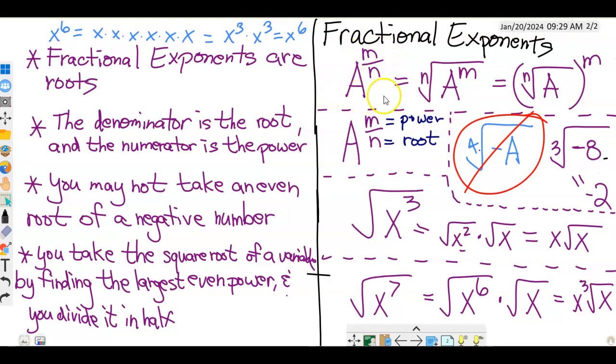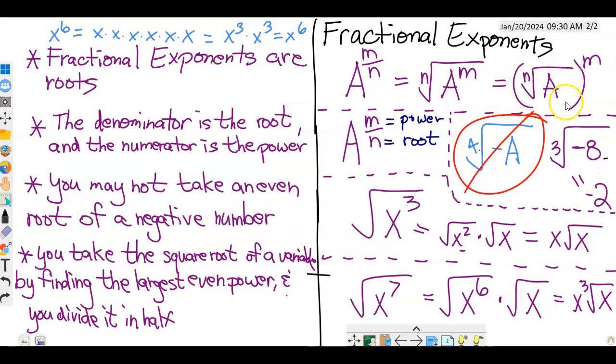Okay? So that's what this symbol picture goes with this first bullet point. It says that if I have a number a to the m over n power, I can write that two different ways. I can write it underneath the radical sign as a to the mth power, and we're going to take the nth root of it.